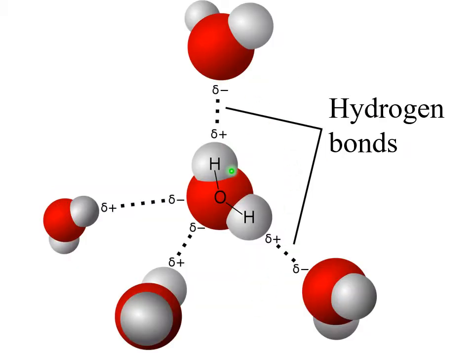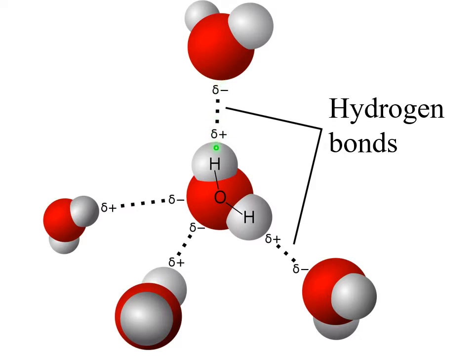If we look closer, both in ice and in liquid water, we have hydrogen bonds. That is an interaction between an oxygen and an oxygen atom through a hydrogen atom that has positive charge.